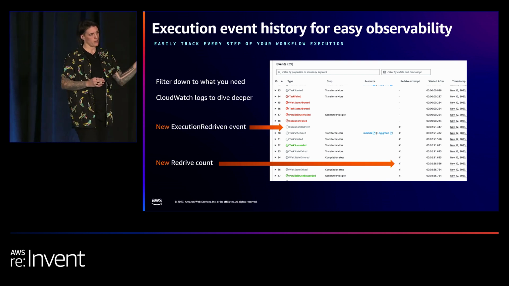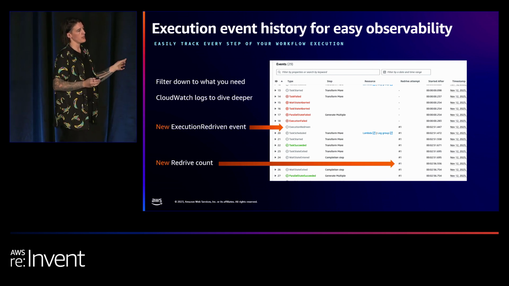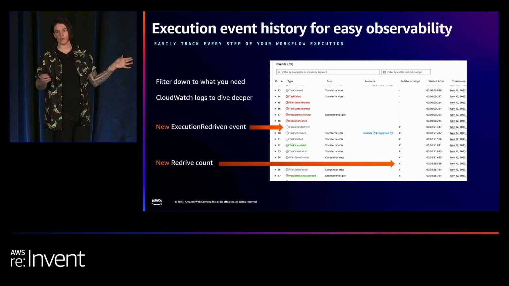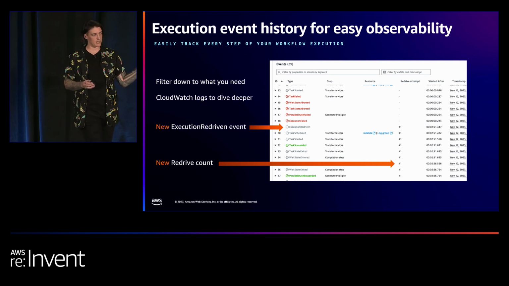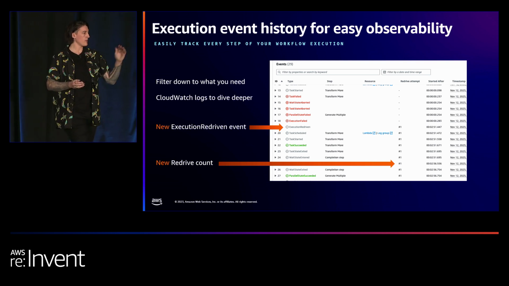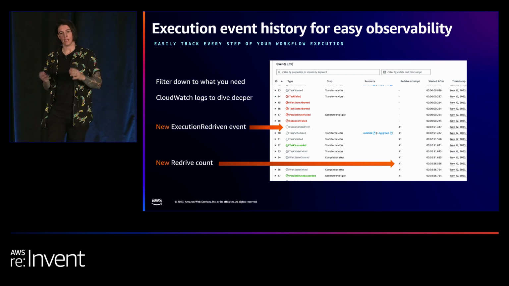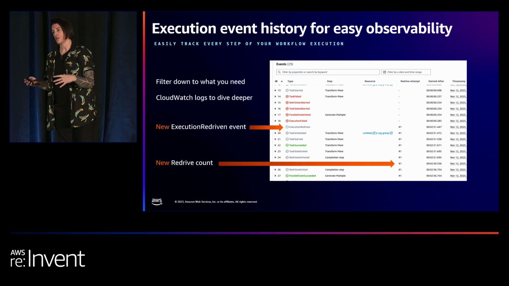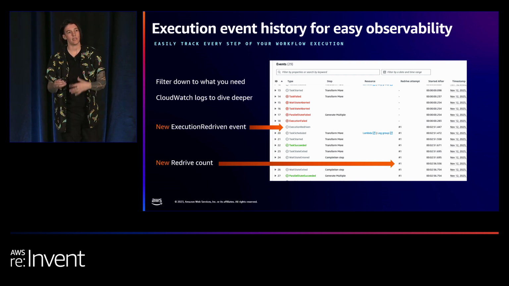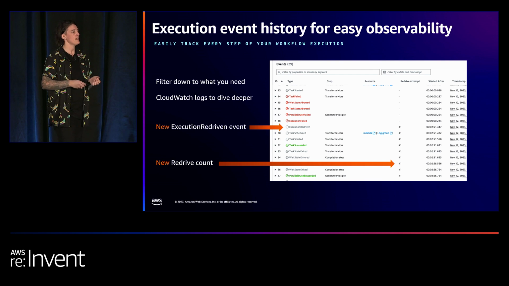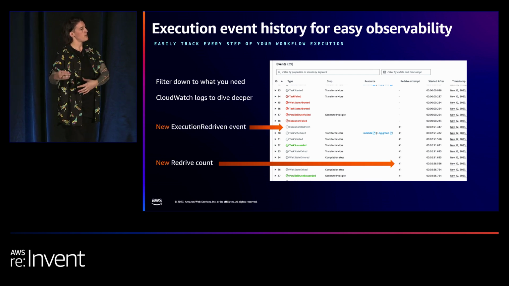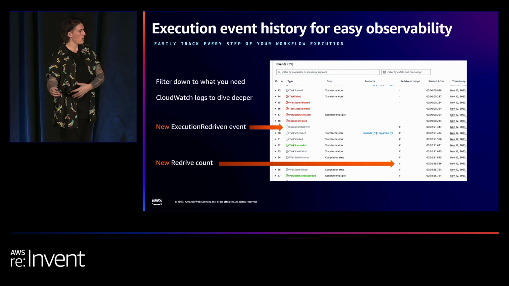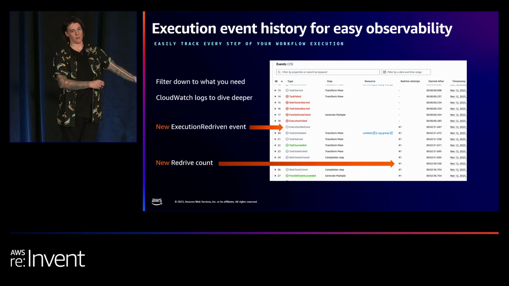So execution redriven will be added to your execution history, indicating that you have chosen to redrive that execution right there. You'll then see all the subsequent events that took place as part of that same workflow execution. If it fails again and you need to redrive again, no problem. You can continue to redrive over and over again, as long as you don't run into the 25,000 event history limit or exceed running your workflow execution up to a 1-year maximum duration.